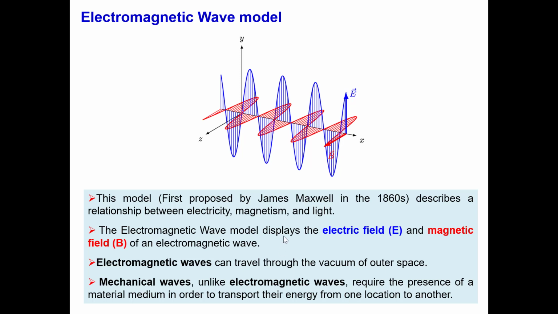The electromagnetic wave consists of the electric field, which is the blue one here in the picture, and the magnetic field. One thing is that the electric and magnetic fields are always perpendicular to each other.